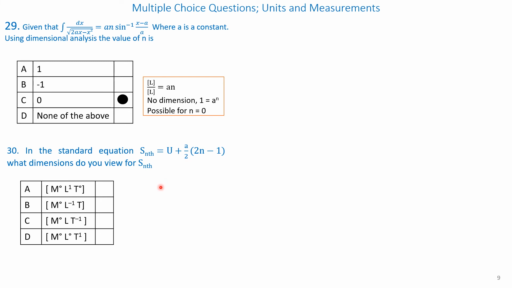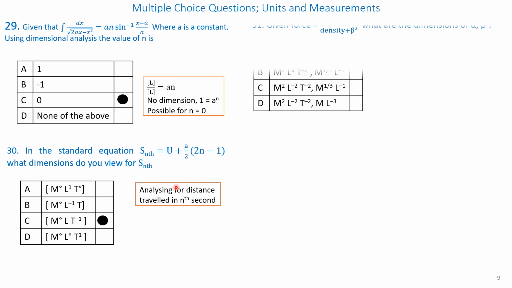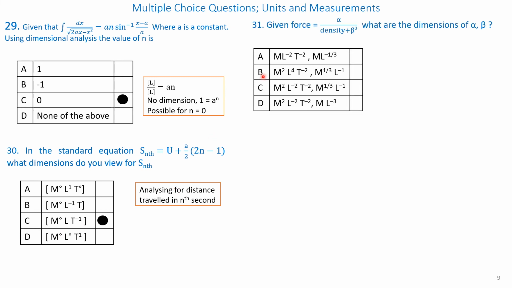It should be t to the power of minus 1 and there is no term of mass and u is the velocity. Therefore, correct answer is option C. That is m to the power of 0, L t to the power of minus 1. That is dimensions of velocity. Next question. Question number 31.